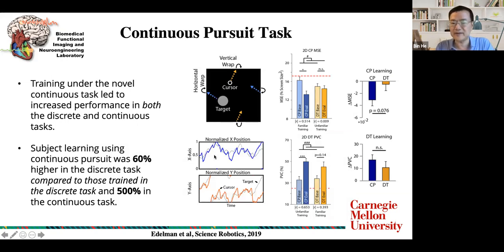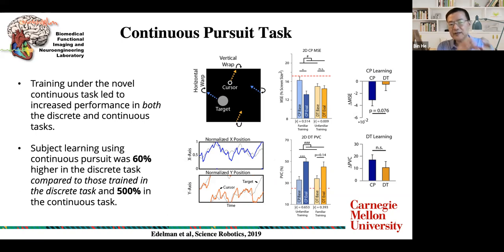I'm not going to spend time talking about all these figures, and if anyone is interested, you could go to our Science Robotics paper published 2 years ago. One message I want to mention is that what we discovered is that training in complicated tasks actually significantly helps the subject, compared with a subject trained in the simplified task.